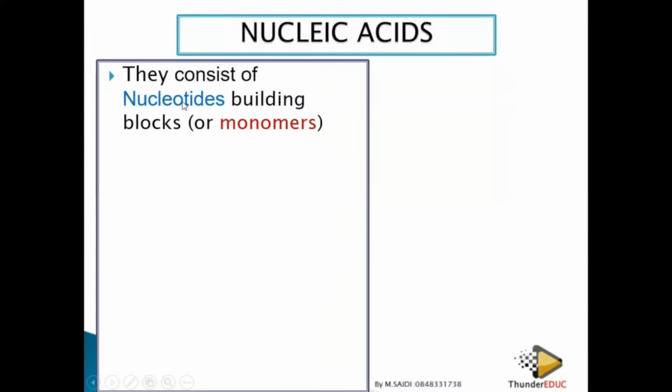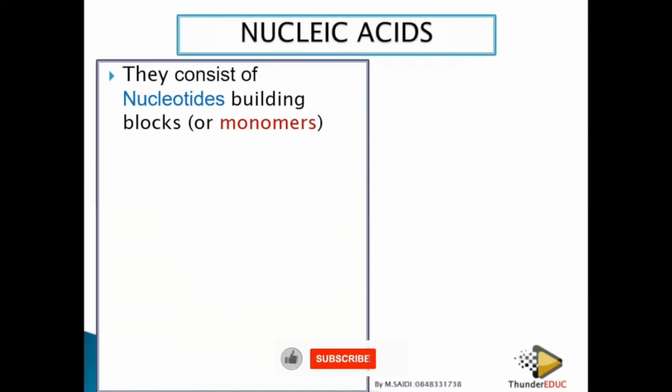They are the building blocks, or the monomers. Sometimes they can ask, what is the smallest unit of a nucleic acid called? It's a nucleotide. What is the smallest unit of DNA called? It's a nucleotide. Those are questions we can ask you in an exam. The smallest units, or what are the monomers of DNA? What are the monomers of nucleic acids?